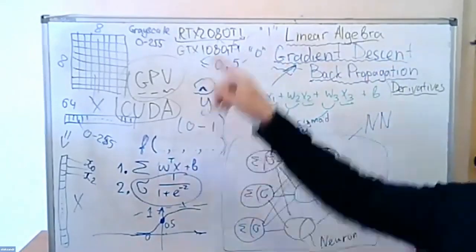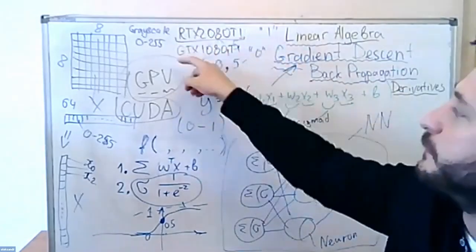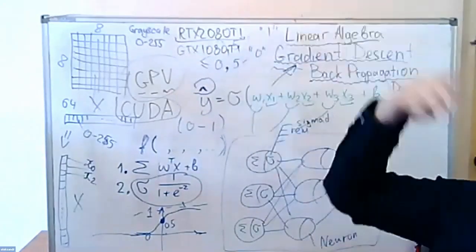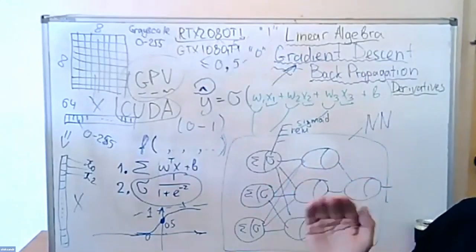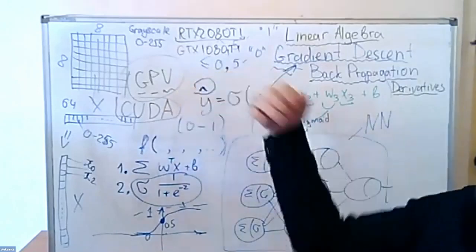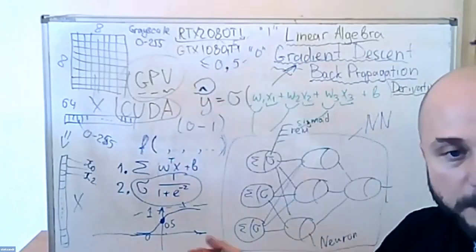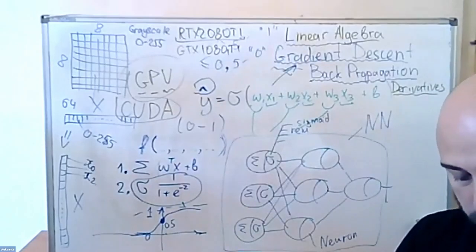This is like a very powerful one. This is a little bit less powerful, but they are nice. Actually, almost all modern NVIDIA graphic cards support this CUDA, but they have different size of memory and different computational speed.